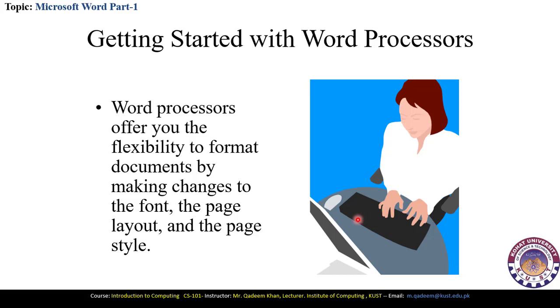We can format the document by changing the font styles or font size, or changing the page layout. We can also change the color of the text or the styles of different text, and also insert a table, a list, or images into our Word document.